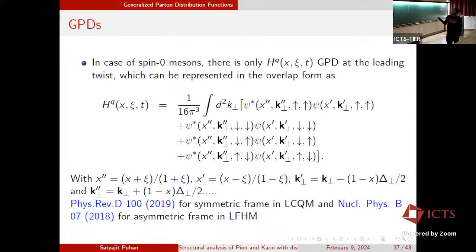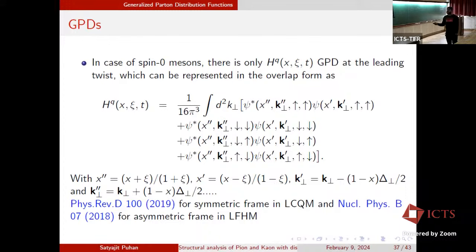Now I should talk about GPDs. In the case of spin-zero particles, there is only one GPD at the leading twist, which can be overlapped in the form of this at non-zero skewness, where x double prime is the momentum carried by the quark, which can be given as (x plus zeta) by (1 plus zeta), and x prime is the quark going into the hadron, which carries the momentum fraction (x minus zeta) by (1 minus zeta) with transverse momenta like this.